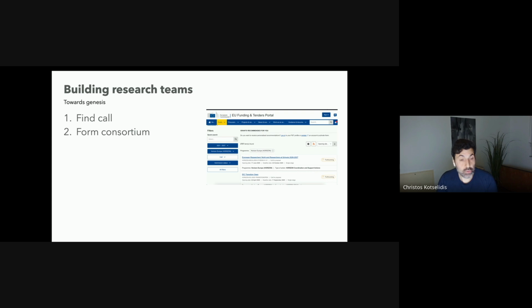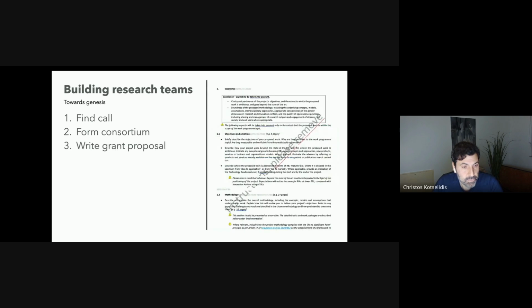You have to network, to find people that have complementary competencies, that share your vision, and also you fit with their own vision. Then write a grant proposal, which is the most time-consuming part of the whole process. Thankfully, in Horizon Europe, which is the current program we run in the European Commission, this is 45 pages. Before that, in Horizon 2020, it was 120 pages, each proposal.